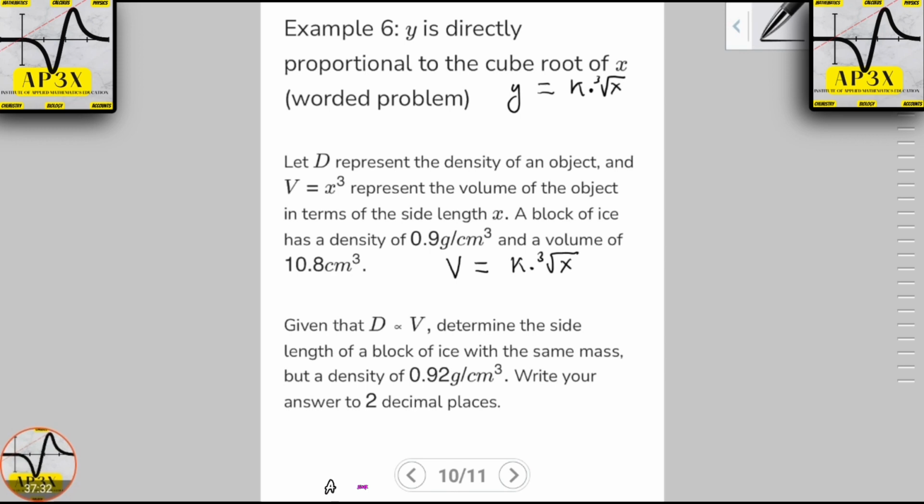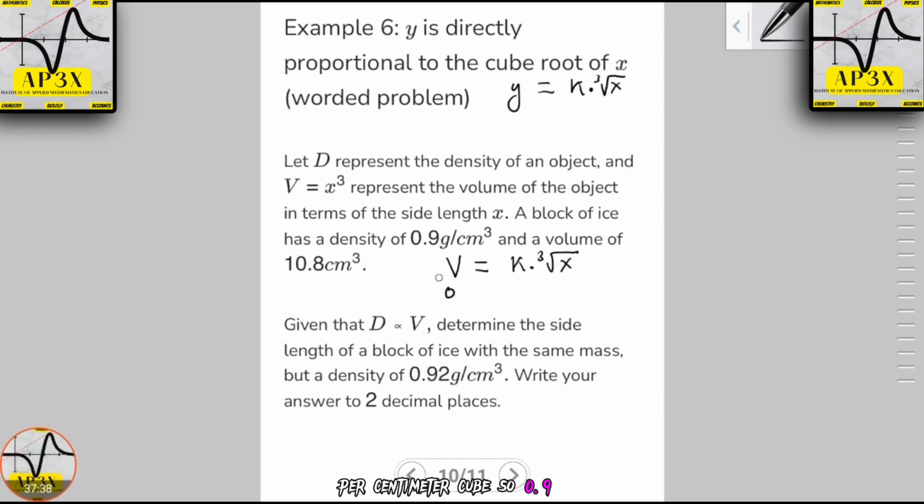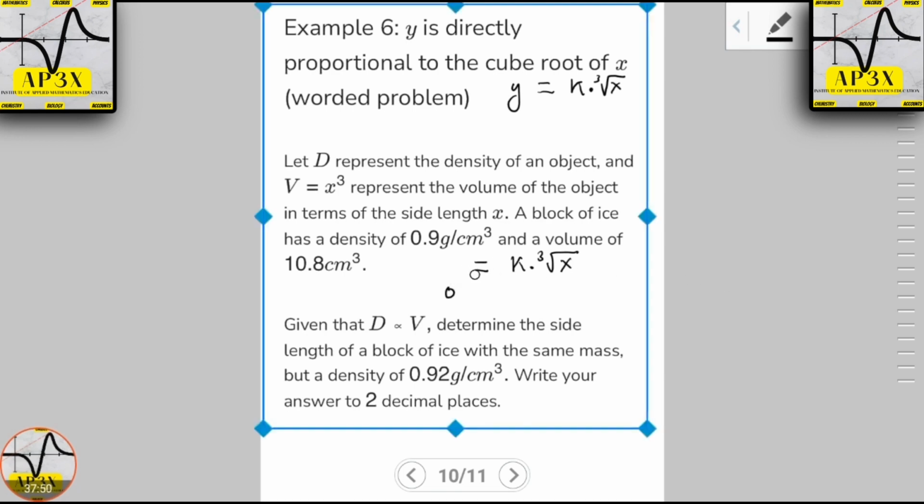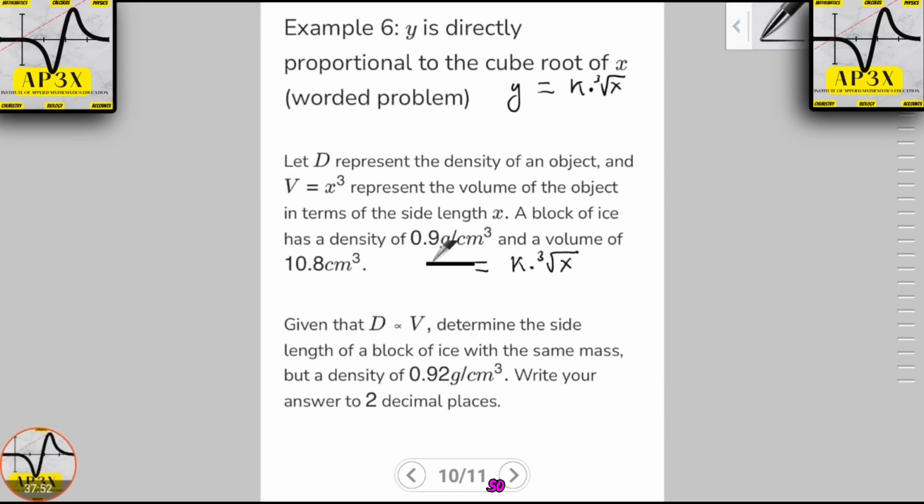Okay, so a block of ice has a density of 0.9 grams per centimeter cube. So the density, we're going to have to use D here. So I think the formula has to be D, which is the density, and the volume, which is x cubed. So that's the formula that we're using.